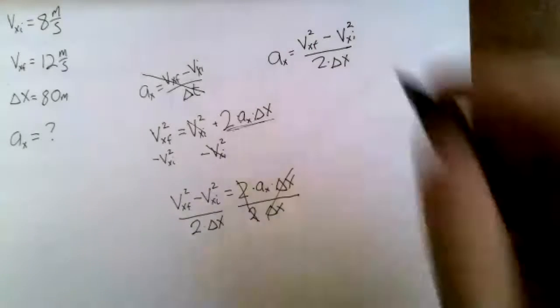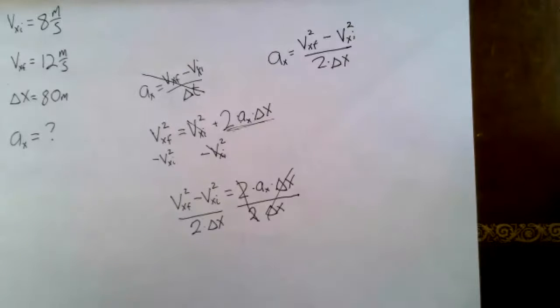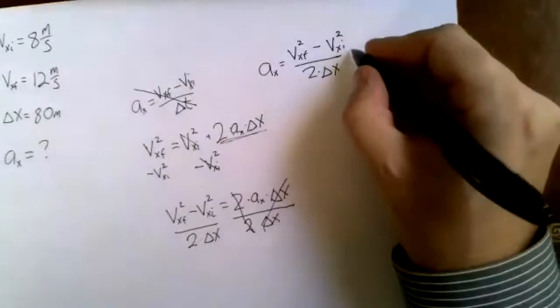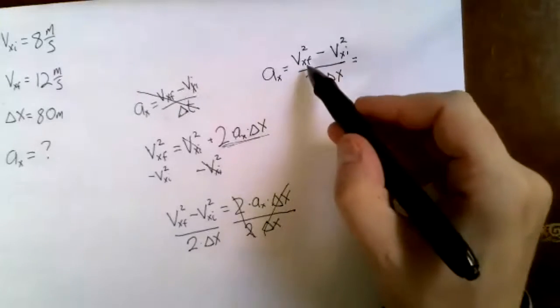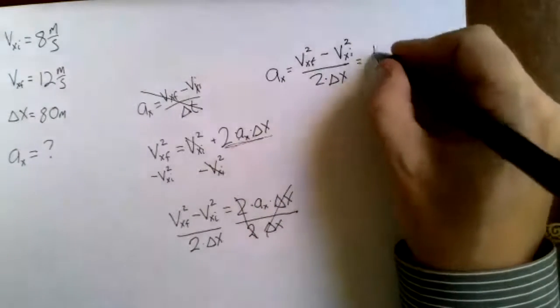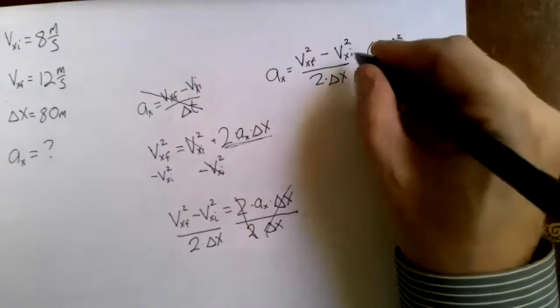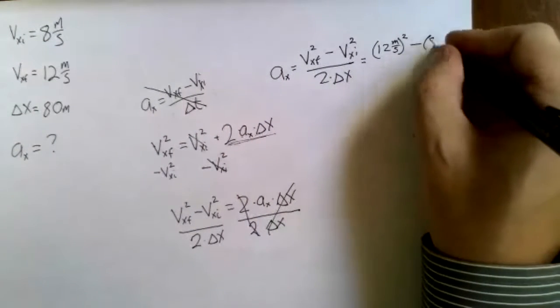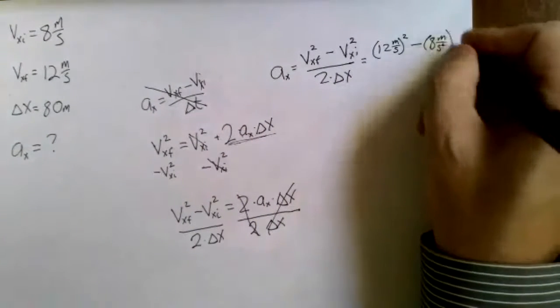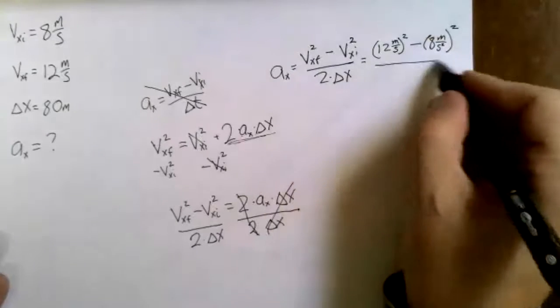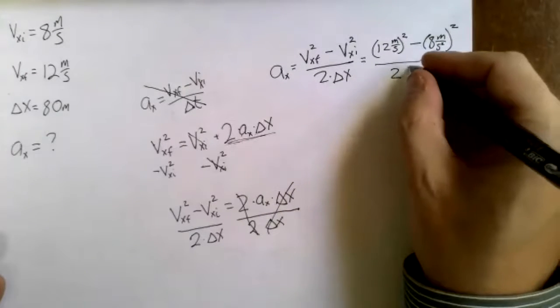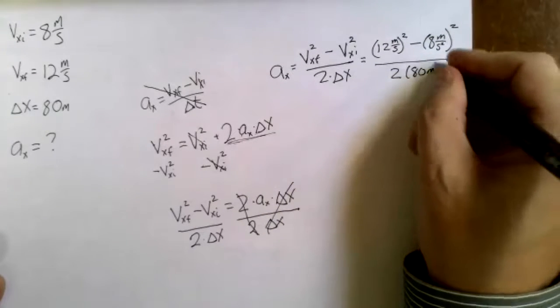So let's see, sorry, go ahead. No, my bad, all good. Okay, so we plug in our numbers. We've got VXF squared, so 12 meters per second squared, minus VXI squared, so 8 meters per second squared, and then divided by 2 times 80 meters.